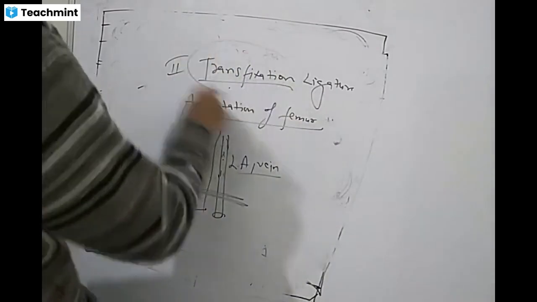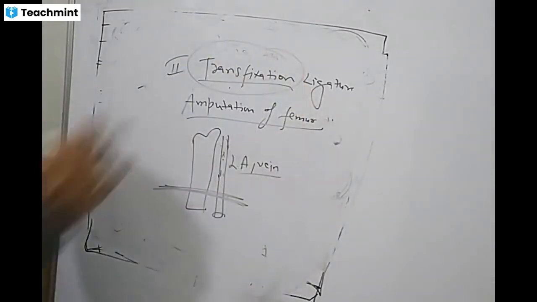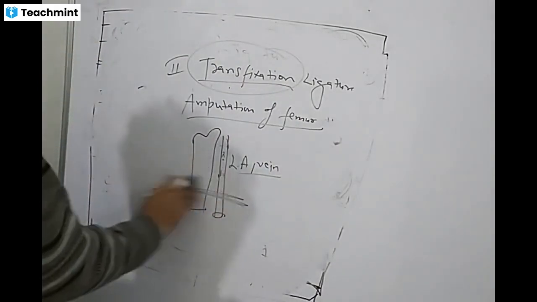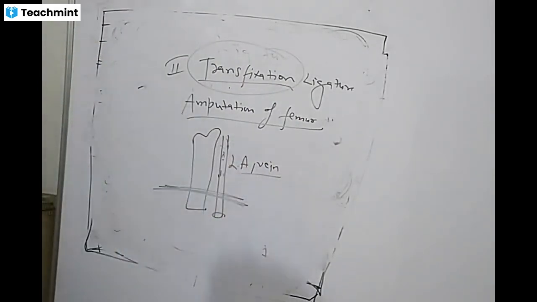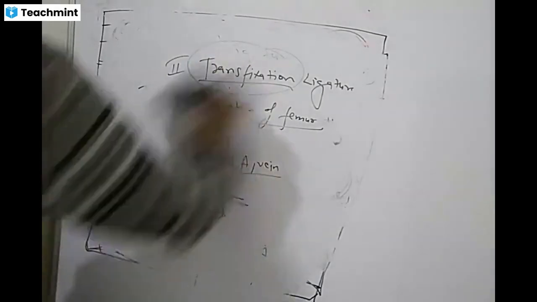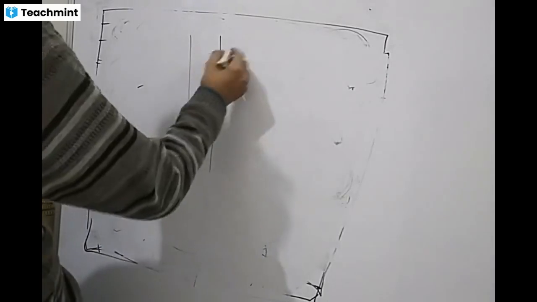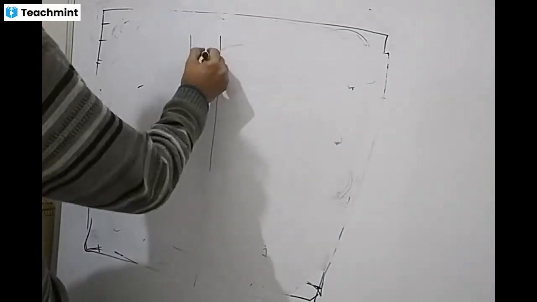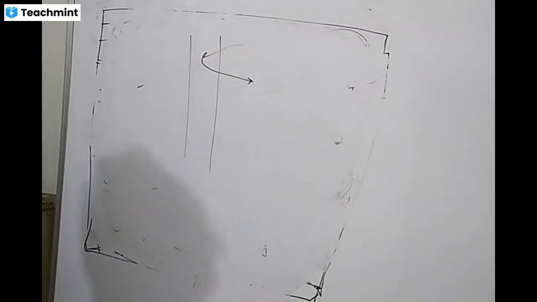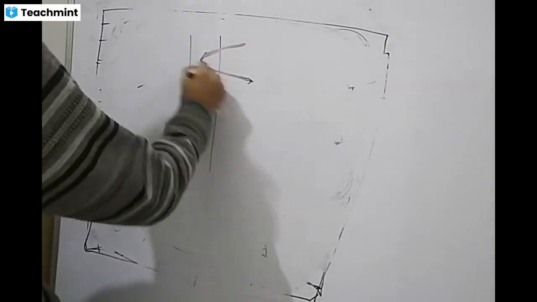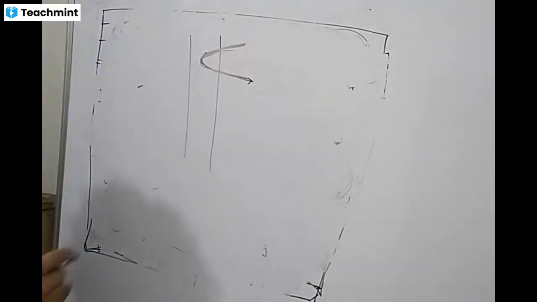So we use transfixation ligation. We have our suture material, suppose Vicryl, and before amputation we ligate the femoral vessel. How to ligate? What is the meaning of transfixation? This is that big vessel. We enter into the wall and come out. Transfixation means you penetrate the wall and come out.